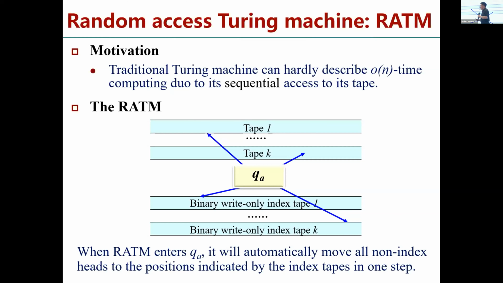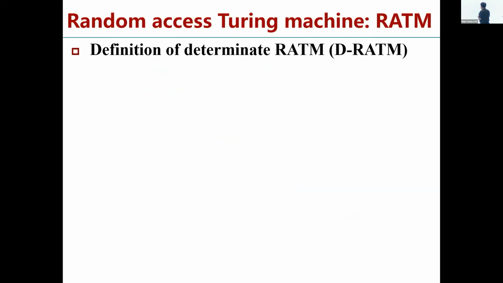So using this method, we implement random access. So this is the formal definition of deterministic RATM, denoted by DRATM.